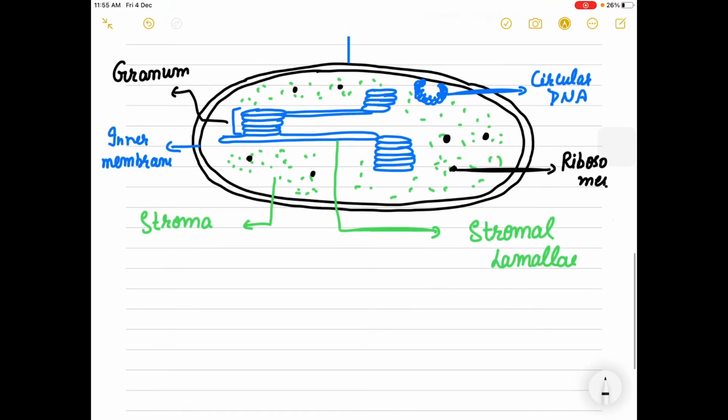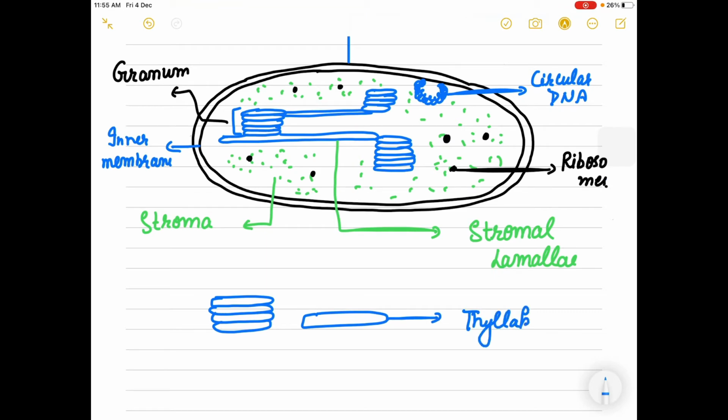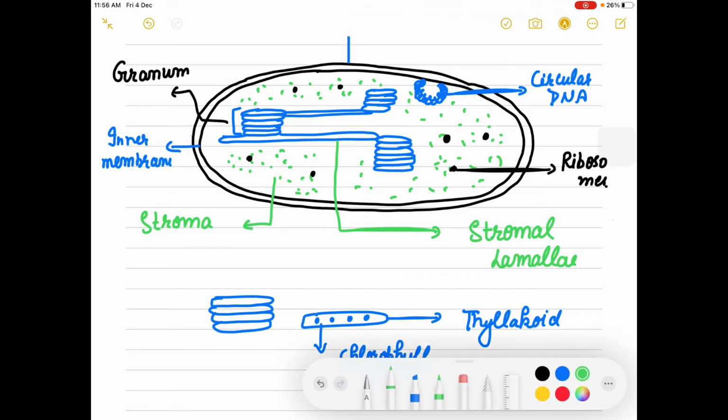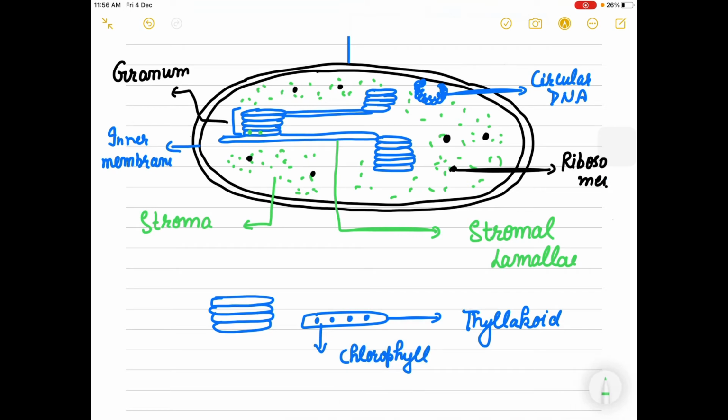Now this whole is known as granum, but one single one is known as thylakoid, which is having the pigment, and that pigment is your chlorophyll.